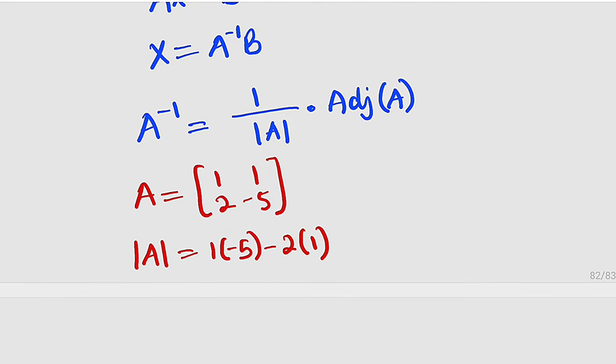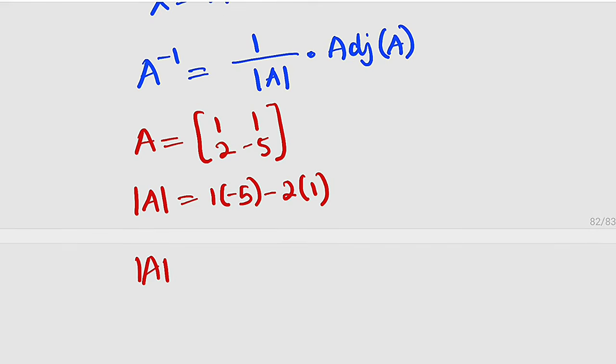This is what you need to simplify to get the determinant of A. This is negative 5, this is negative 2. Together you have negative 5, negative 2, which is negative 7. We are done with the determinant of A.